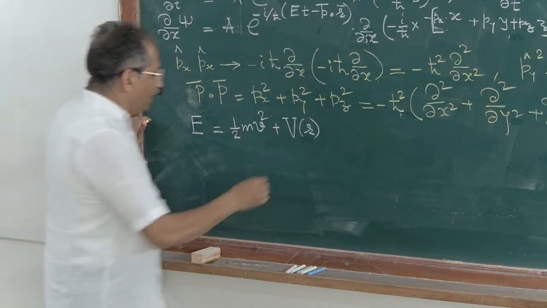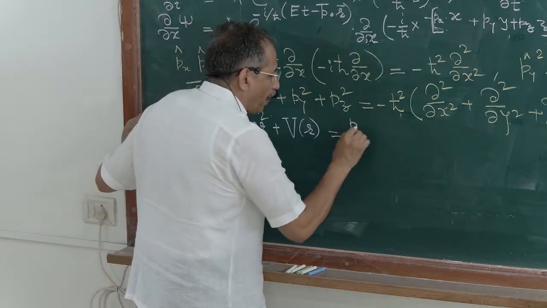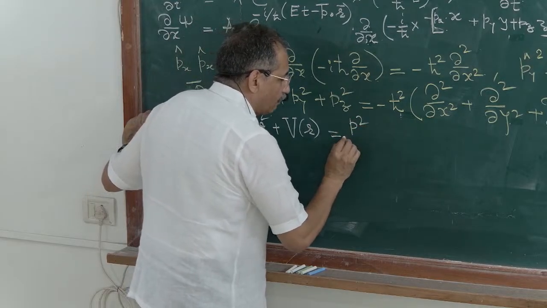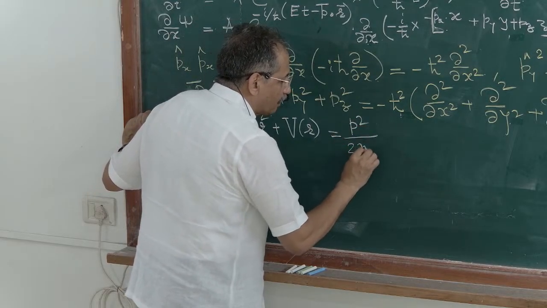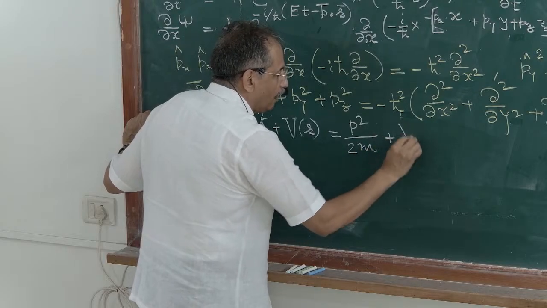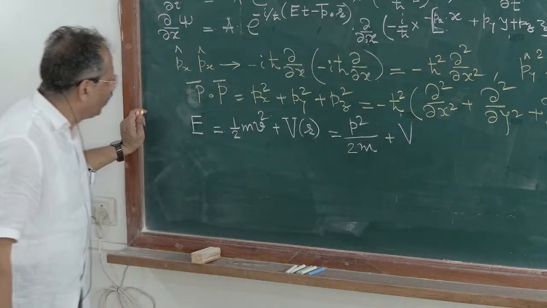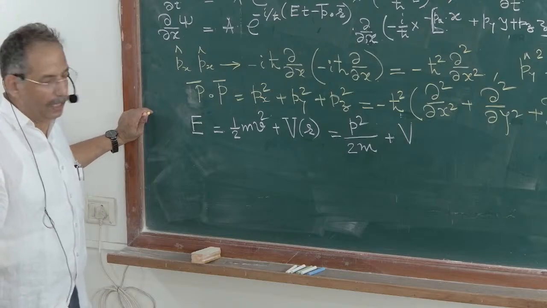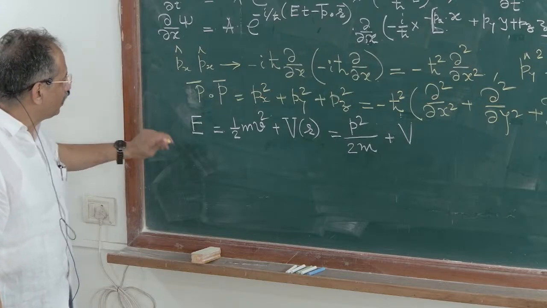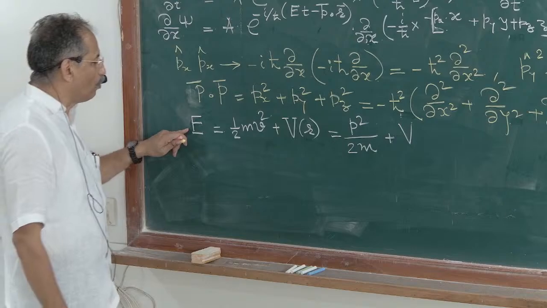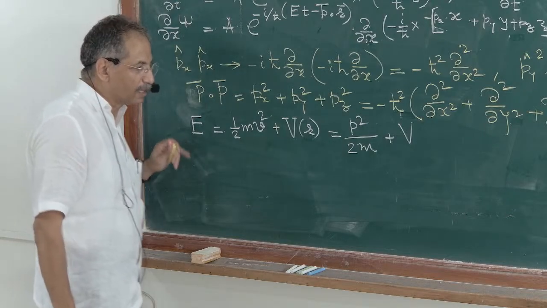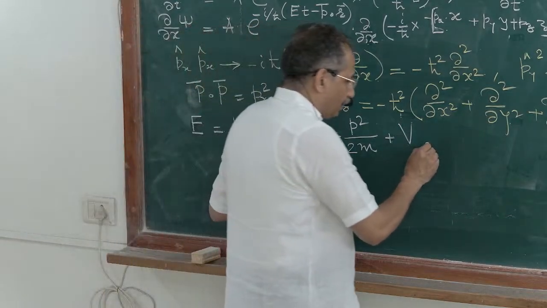Now this can be written as p square by 2m. So I am using p is equal to m into v. So p square by 2m plus V will be a better equation to look for the total energy of the system. And this I want to write in terms of operators and wave function.